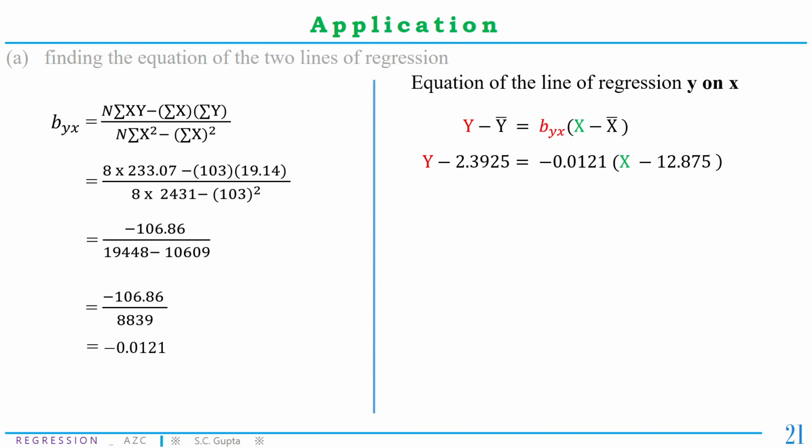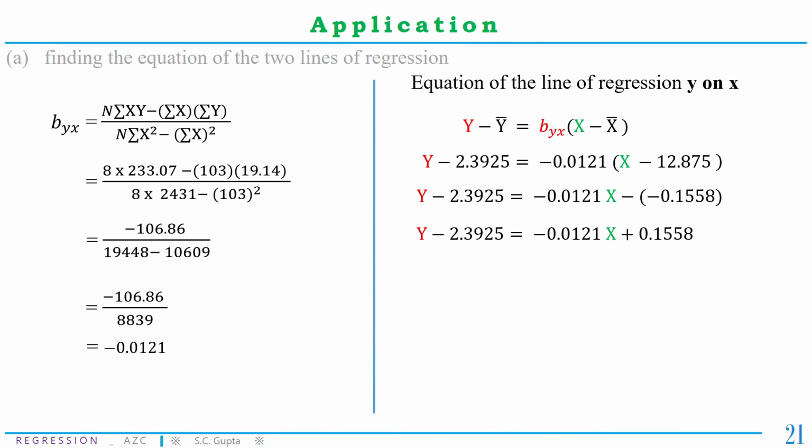Multiplication of minus 0.0121 with x is minus 0.0121x, and multiplication of minus 0.0121 with 12.875 is minus 0.1558, minus into minus sign, change to plus.